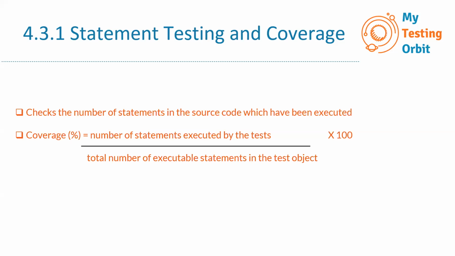It's calculated as a percentage, and this is the formula: number of statements executed by the test divided by the total number of executable statements in the test object, and as it's a percentage, we multiply the answer by 100. This is the formula we use for measuring the coverage of statement testing.